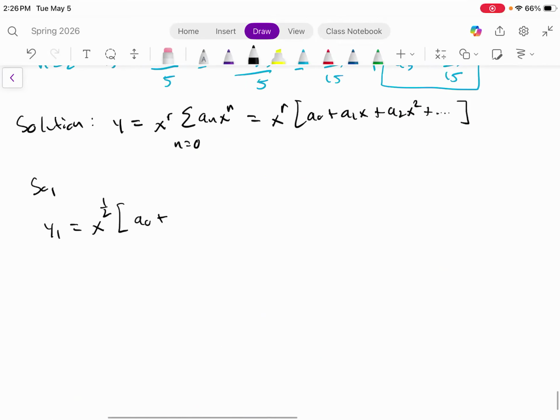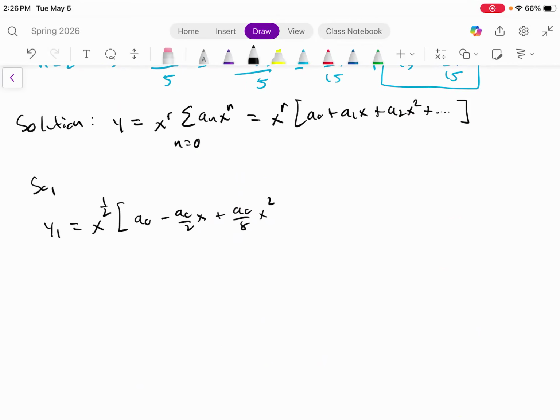So we'll plug all those values in. This should be minus a naught over 2 x plus a naught over 8 x squared minus a naught over 48 x cubed. And we stop there.